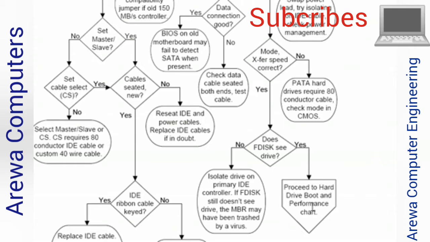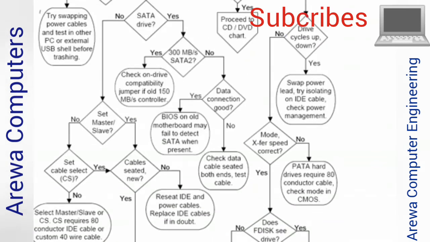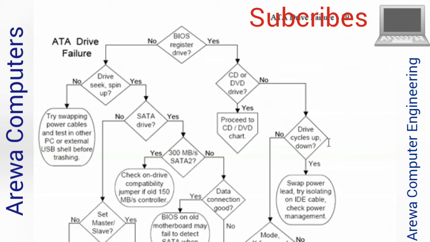And we send you to a separate flowchart, which is for performance and boot issues. And higher up here, if you have a DVD or a CD drive and the BIOS does register the drive, we immediately send you to a CD or DVD flowchart. If the computer isn't seeing that CD or DVD is attached, then the troubleshooting is just the same as for a hard drive. It's the same problem.